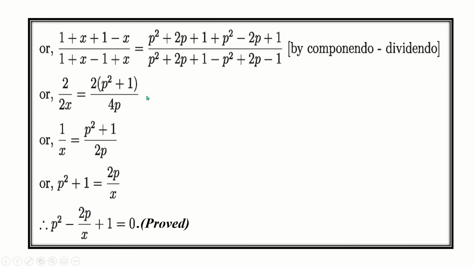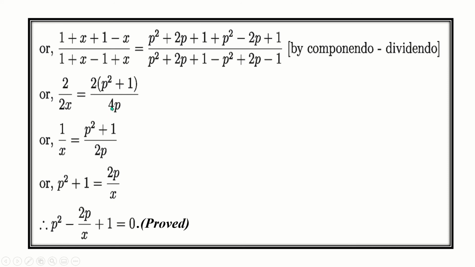Again componendo dividendo, that means numerator plus denominator divided by numerator minus denominator. Here also same. Now x cut, 1 cut, so left side will be 2 divided by 2x, and on the right side 2p square plus 2, that means 2 into p square plus 1, and denominator will be 4p, because p square cut, 1 cut.